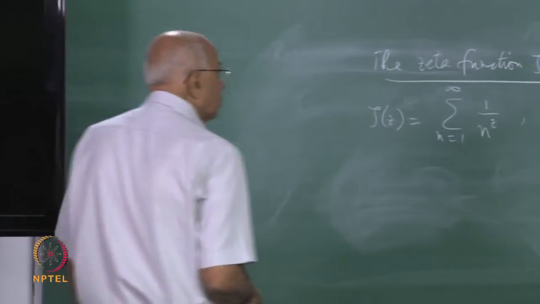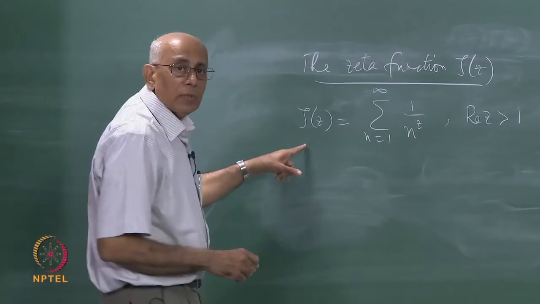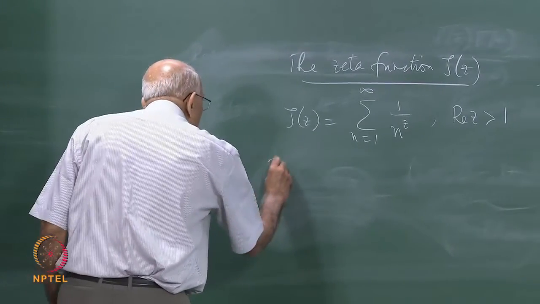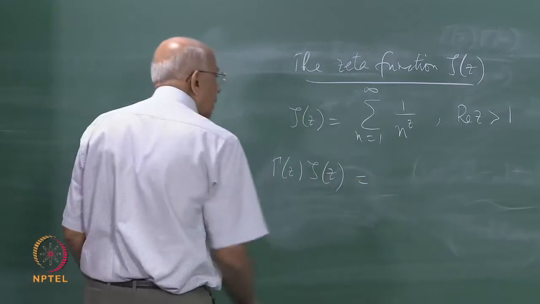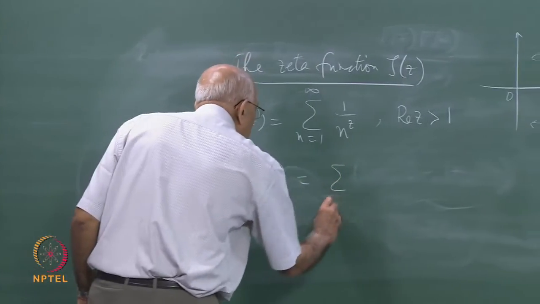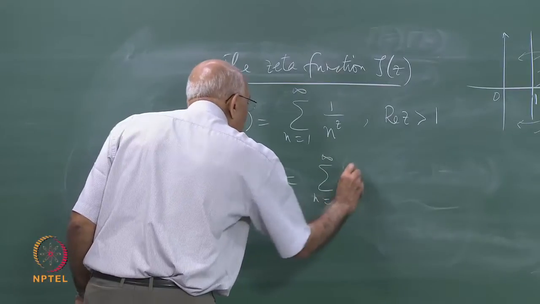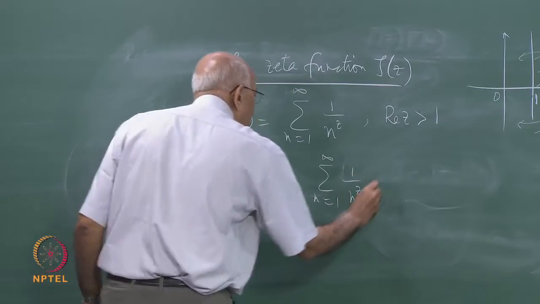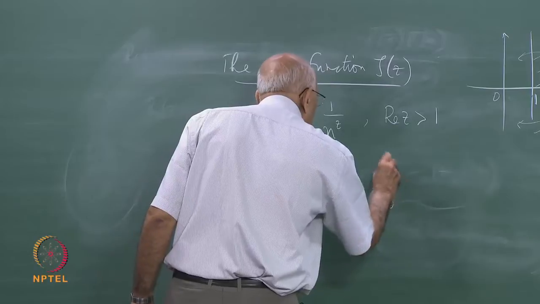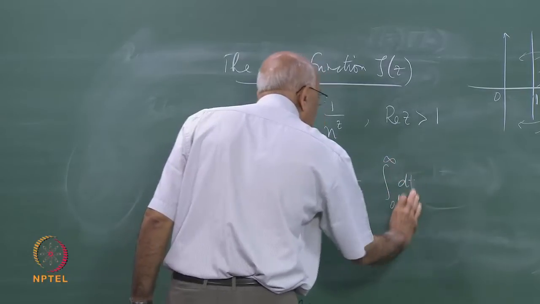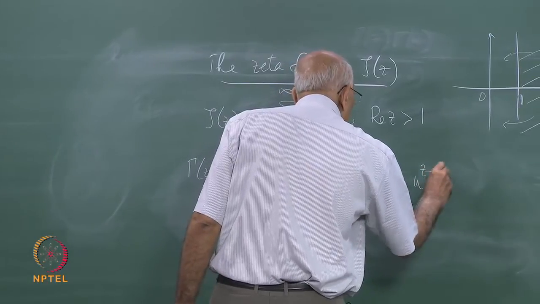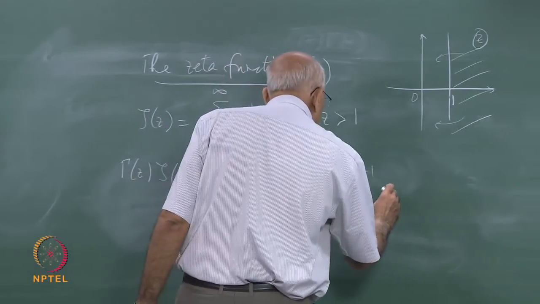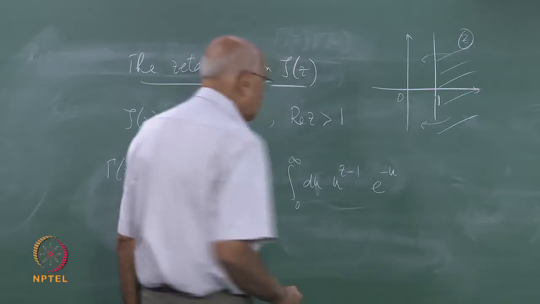Well, the trick is to start not with zeta of z, but with gamma of z times zeta of z, and write representations for each of these. So this is the summation n equal to 1 to infinity of 1 over n to the power z, times the integral from 0 to infinity du u to the power z minus 1 e to the power minus u.